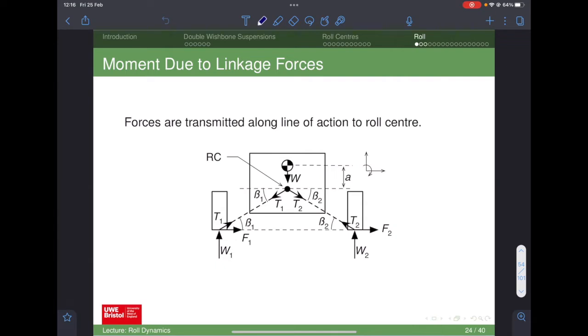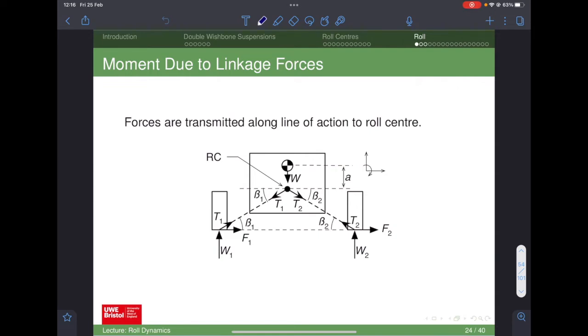So quite clearly W1 plus W2 equals W. And then obviously these will balance each other out, giving you a lateral force being generated, shown here, which will be matched up on these two. You can work out what T1 and T2 are based upon those forces.